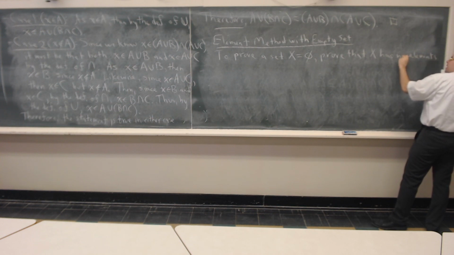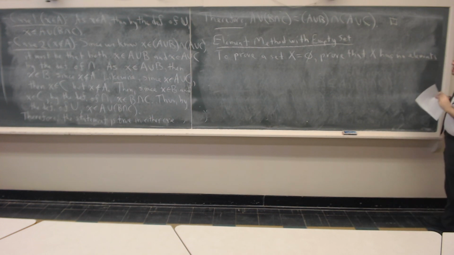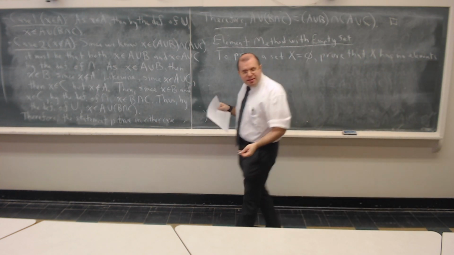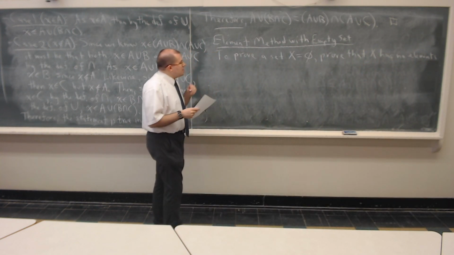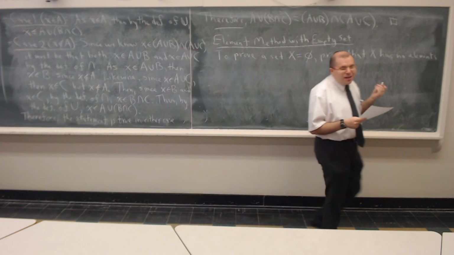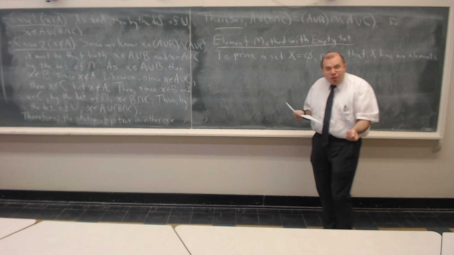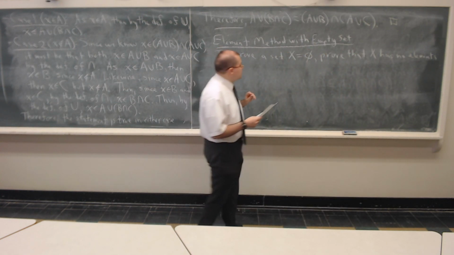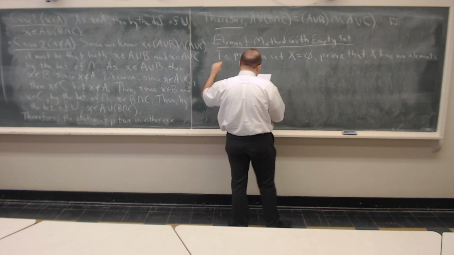So prove that X has no elements. So you can do this directly in the exact way I've been doing it up to this point, but I'm going to show you a slicker way of doing this. Now remember, X can either be empty or it will not be empty. There's only two possibilities here, right? So we're going to use this to our advantage.